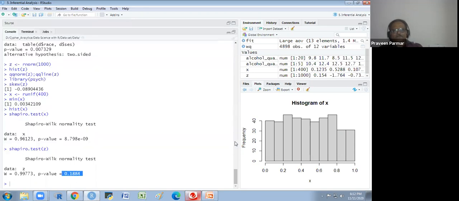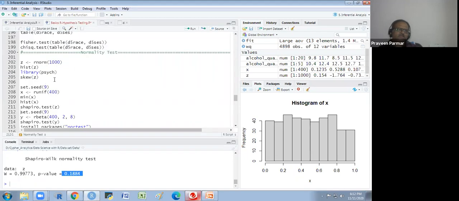So you see, if the p-value is greater than 0.05, then it is normal. Note it down. When the p-value is greater than 0.05, then it is normal. If it is less than 0.05, then it is not normal. Got it? So this is the normality test we could perform.